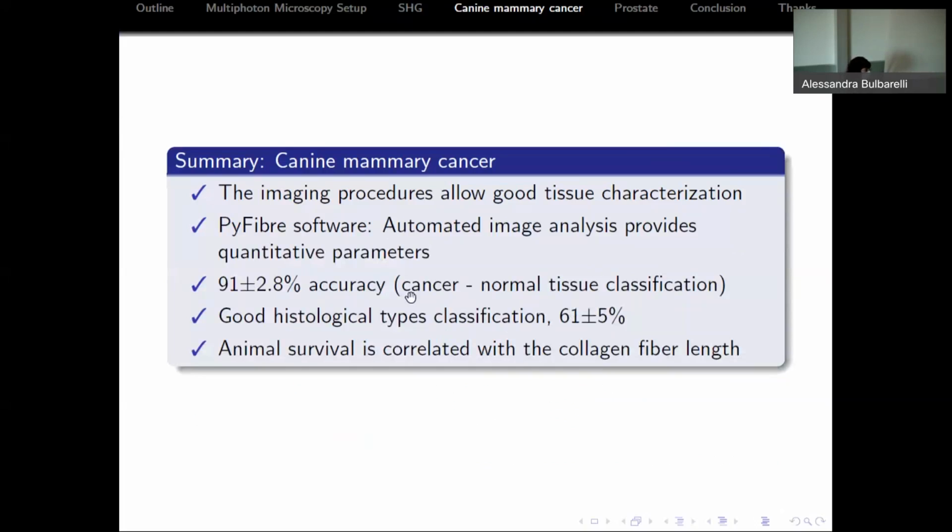In the classification between cancer and healthy tissue, we can achieve an accuracy of around 90%. For the different histological types, we can achieve a classification of about 60%, so it still needs to be improved. And we observed a little bit of correlation between animal survival and collagen fiber length.